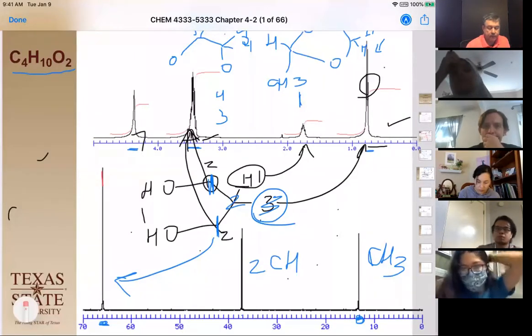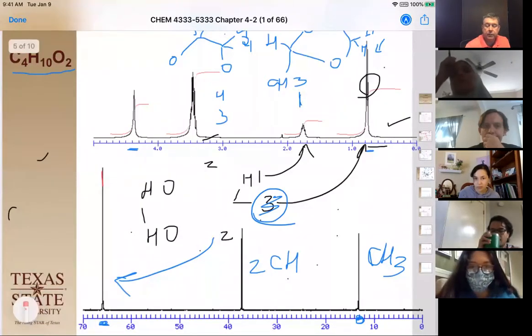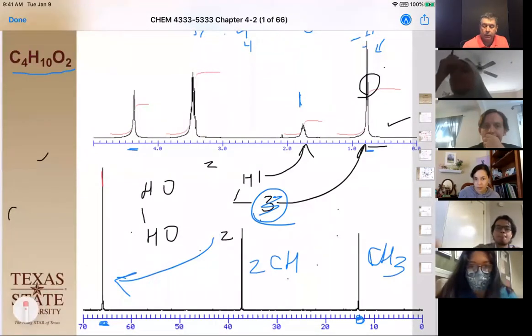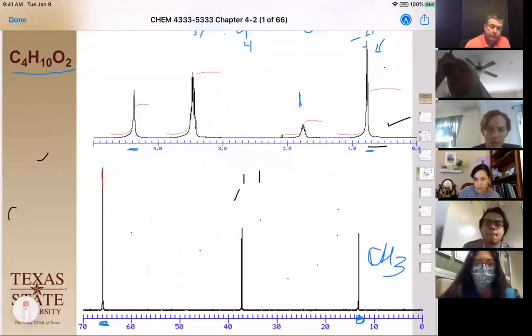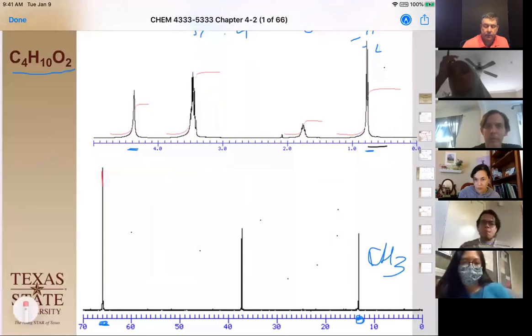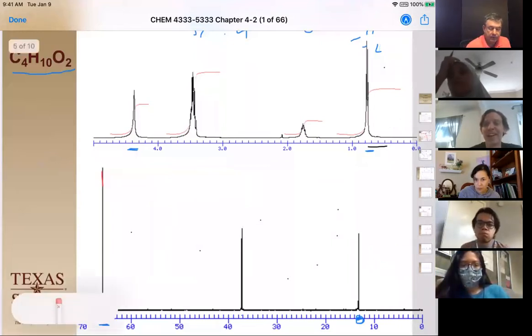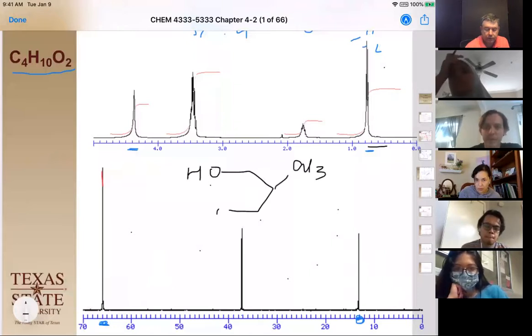All right. So let's redraw this and identify all the peaks to make sure we're okay with this. With so many signals here, I was worried that we don't have symmetry, but it turns out we do. All right, so we have 1, 2, 3, 4, and a CH3 here, an OH, OH.